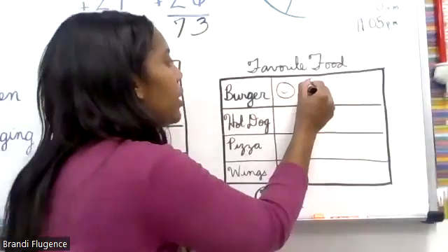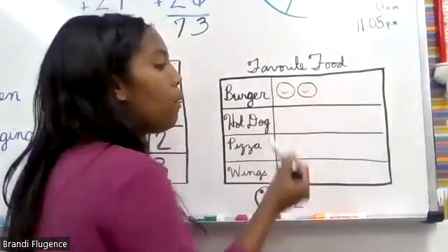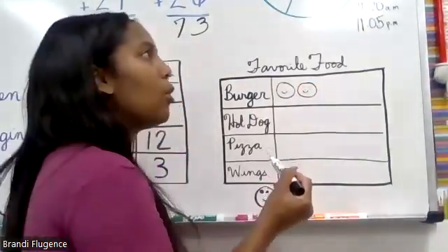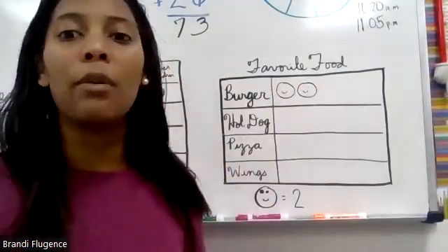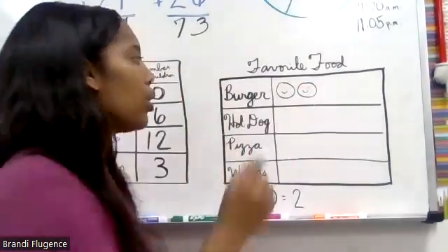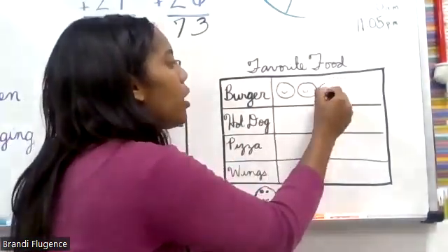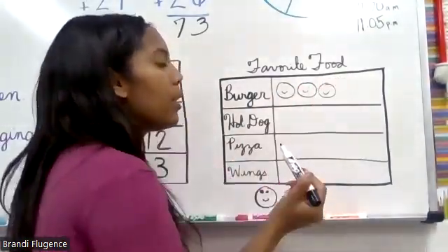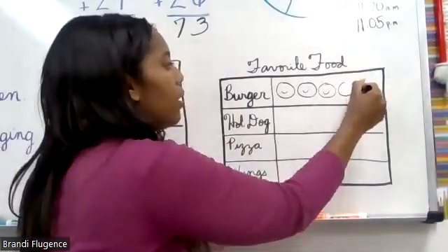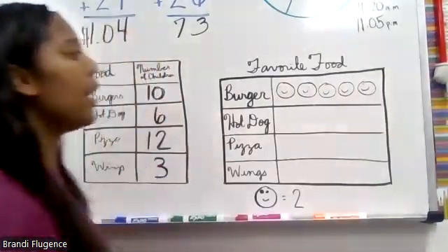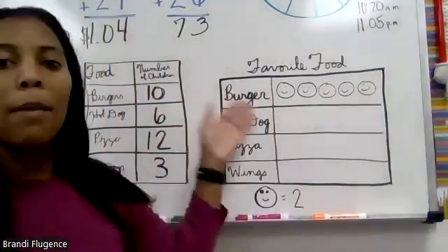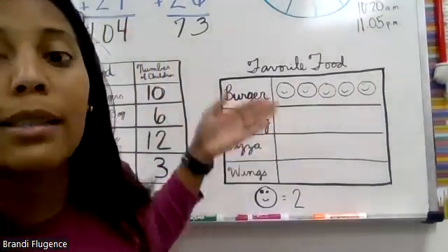So that's 2. Let's do another one. How many would this be? 4. We're counting by 2s. Each picture represents 2. So 2, 4. Let's do another picture. 6, 8, and 10. Remember, each picture represents 2.